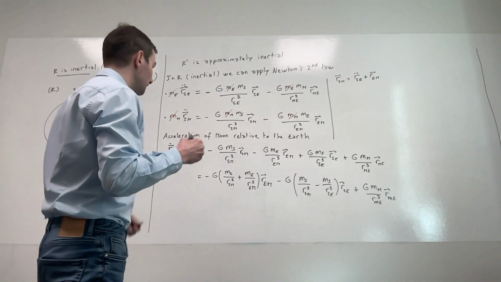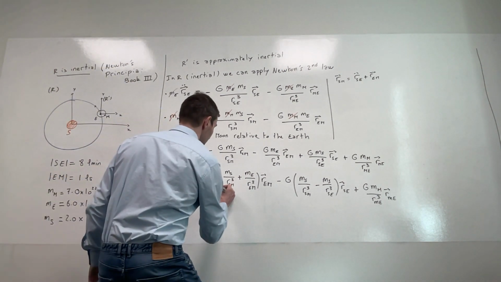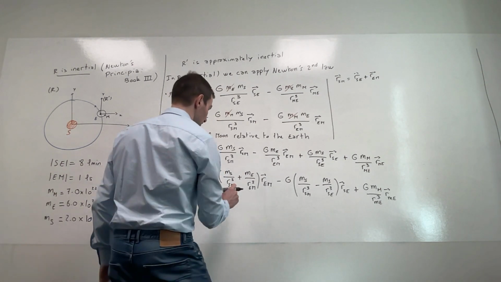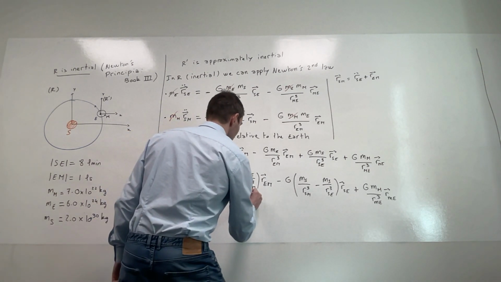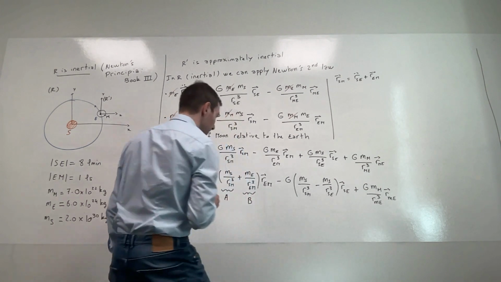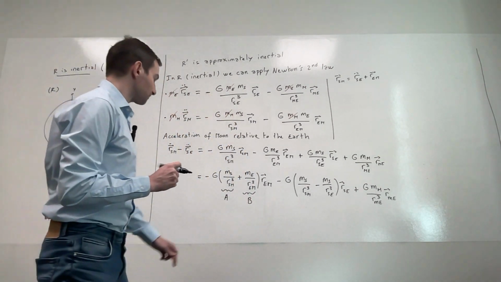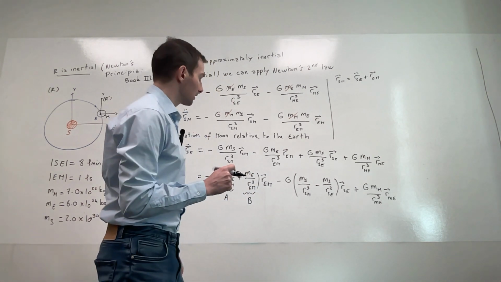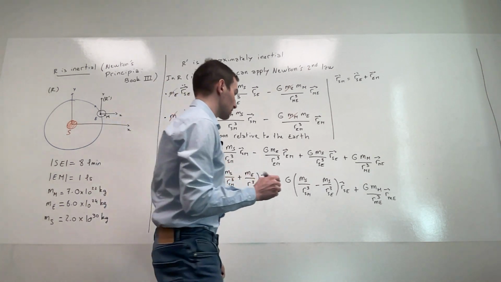So here I'm going to denote this one A. Okay, so that's a term I'm going to call A. This term I'm going to call B. Then I'm going to look at, yes, this one as well.